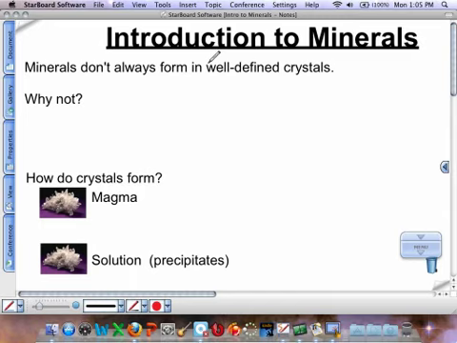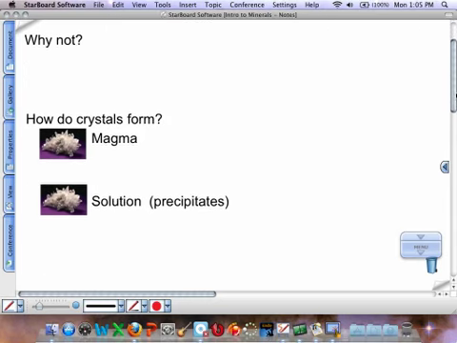So again, those are the two important things. Now, understanding that it needs space and time, there are two sources by which we get minerals. We can get them from magma, or we get them to form out of precipitate. So explain to me how the magma would work.